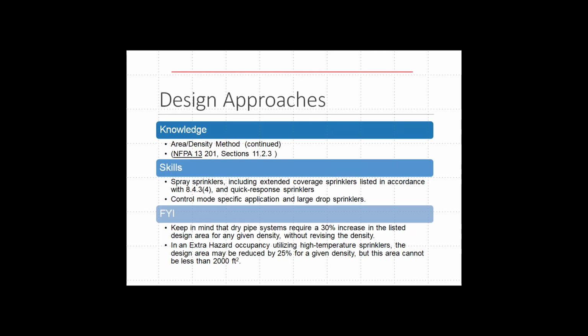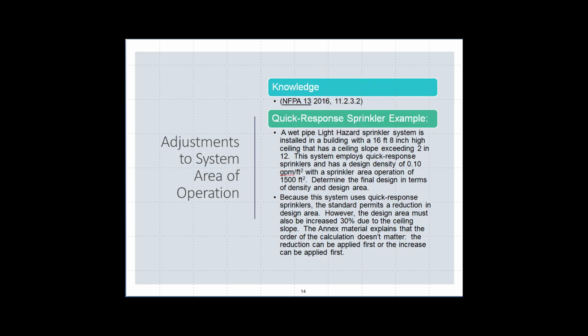In an extra hazard occupancy utilizing high temperature sprinklers, the design area may be reduced by 25% for a given density, but this area cannot be less than 2,000 square feet. The annex explains that the order of calculations does not matter. The reduction can be applied first, or the increase can be applied first.